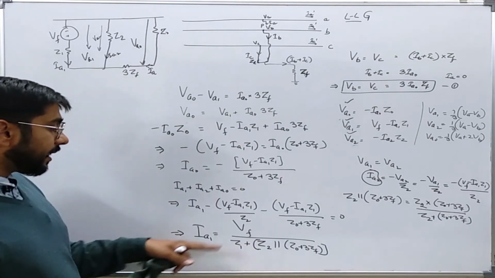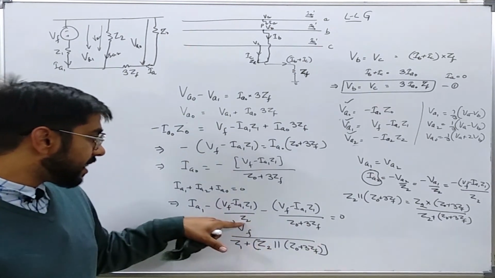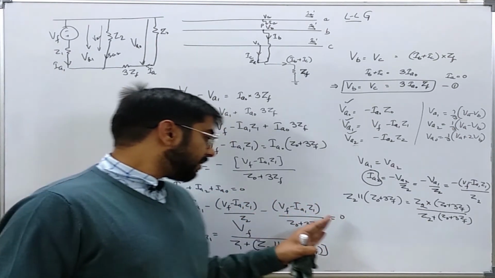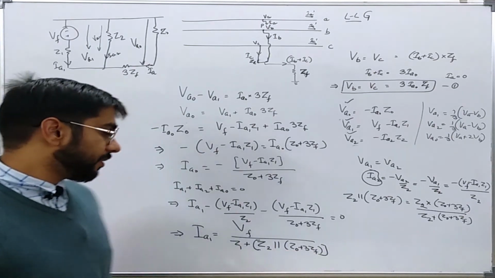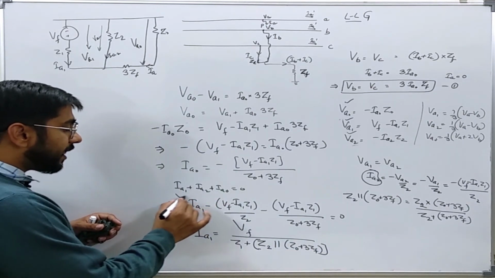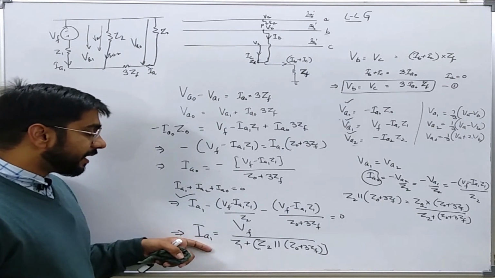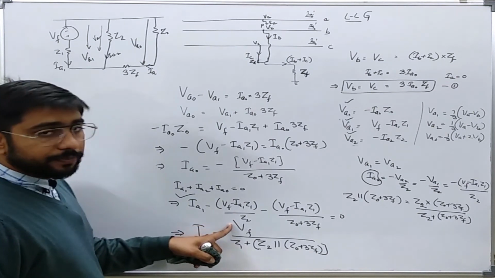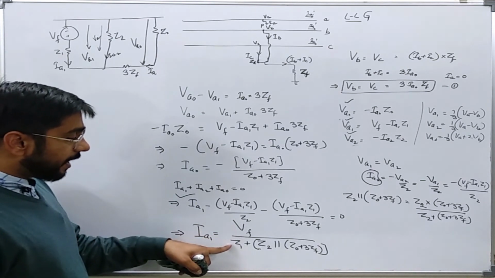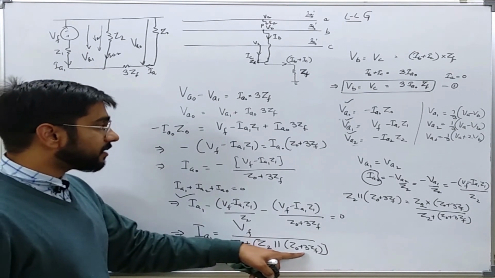Now you can clearly see that this Z2 and Z0 plus 3Zf is there in the denominator. So somewhere this is going to give us the same equation. So on solving and manipulating the algebra, we can easily see that Ia1 is written as the ratio of the pre-fault voltage to the neutral, divided by Z1 plus the parallel combination of Z2 and Z0 plus 3Zf.